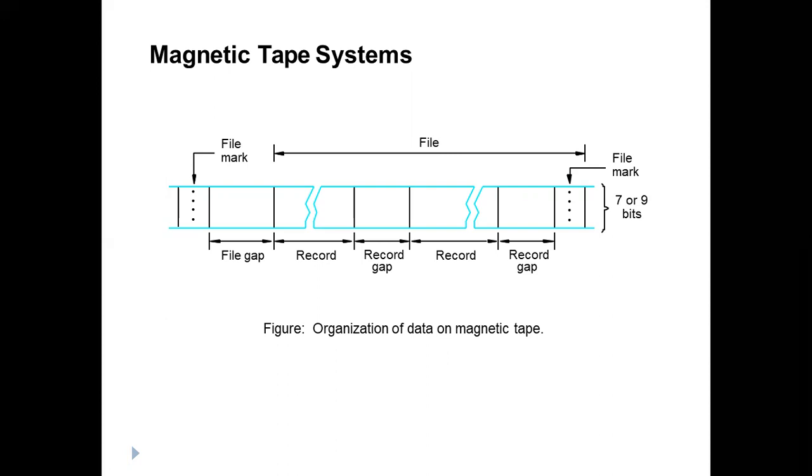RAID 5 is for error checking and correction, where we have very secure and very costly data. To secure that and ensure correct information, we use RAID 5. We use RAID models 2, 3, or 1 for reliability, efficiency, and performance.